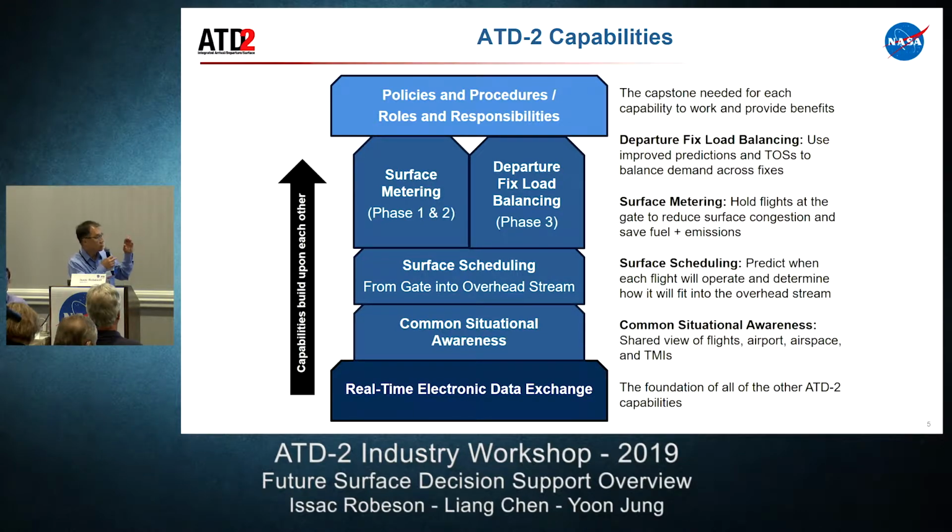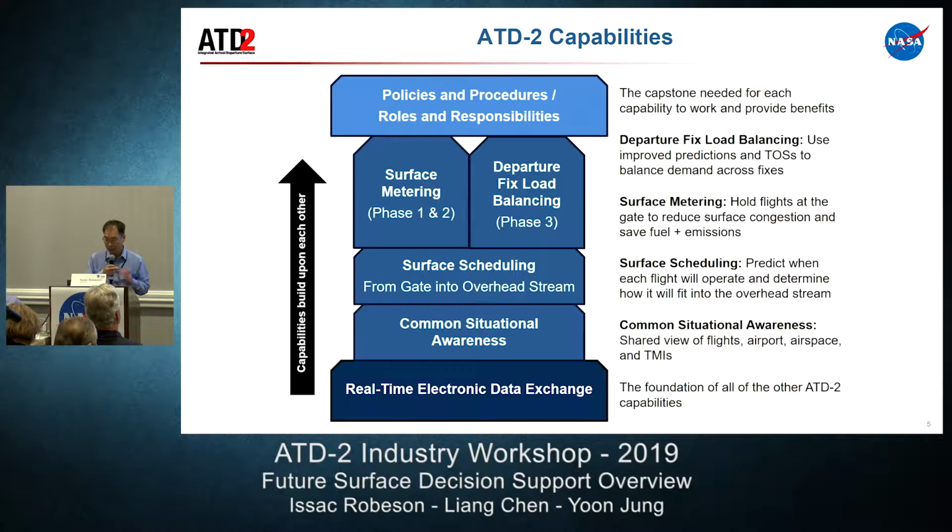So this scheduling is capable of handling all these different situations, both surface as well as terminal boundary trajectory planning. And on top of that are policies, processes, and procedures, which set the roles and responsibilities of the users to maximize the benefits of this ATD2 system.